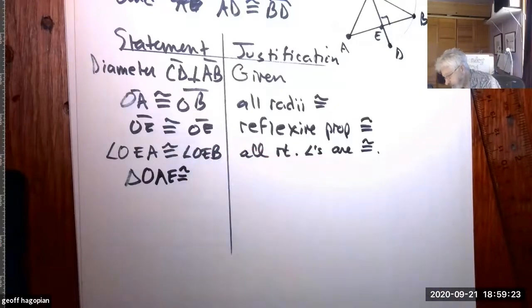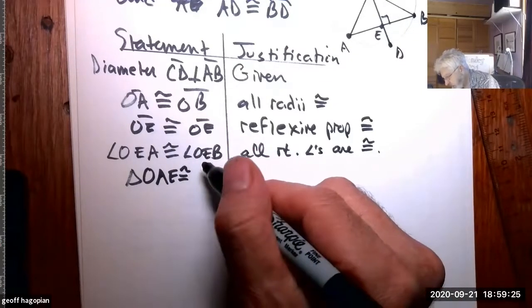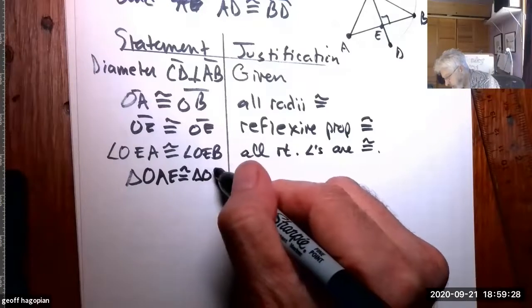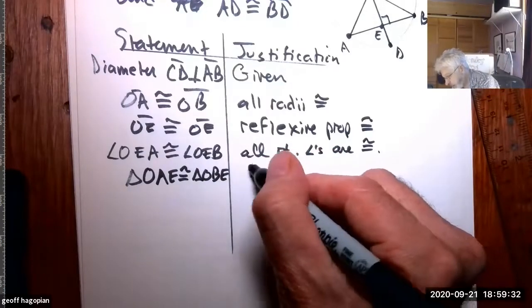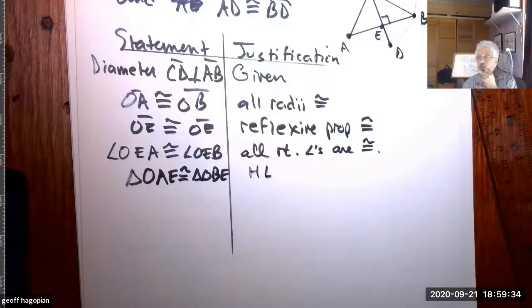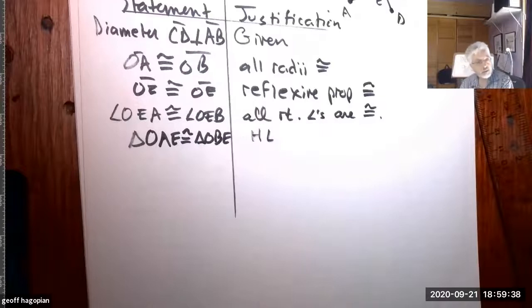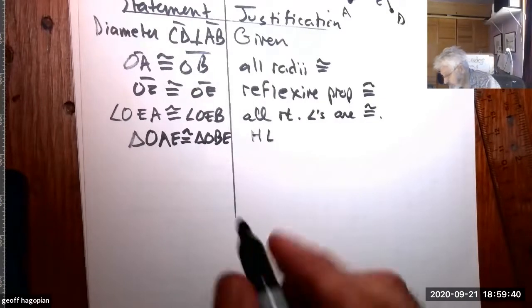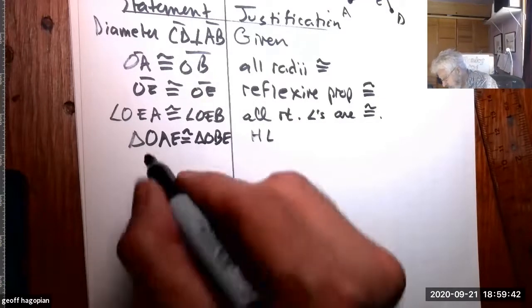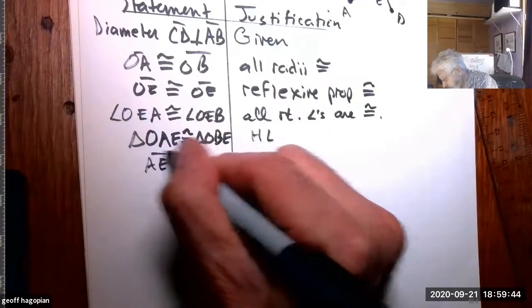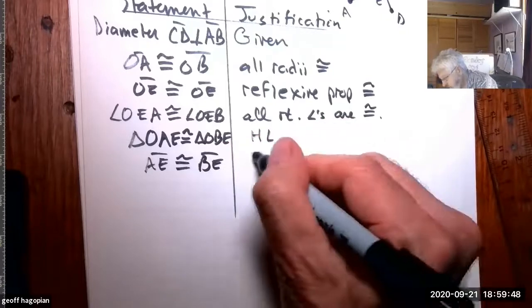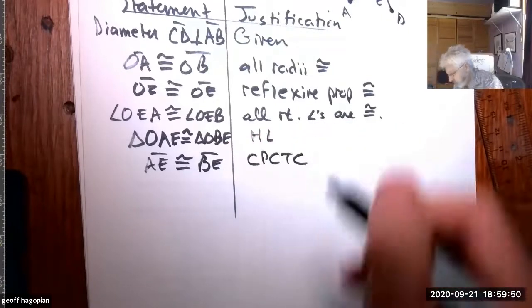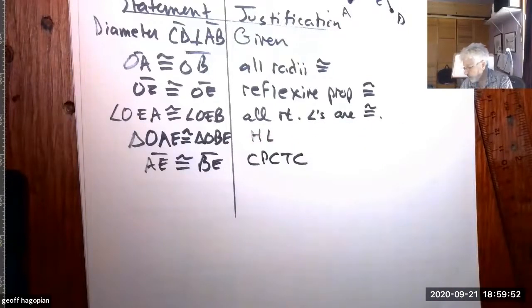Here that's hypotenuse leg, which we can just abbreviate that way, then we have the corresponding parts are congruent, namely AE is congruent to BE. Corresponding parts of congruent triangles are congruent. So that's part of what we wanted to show, right?